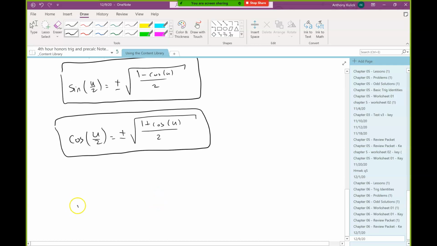And the tangent one has a couple of different versions. They're all kind of equivalent, but depending on what you're doing, one or the other might be more convenient to work with, but they all kind of do the same thing.